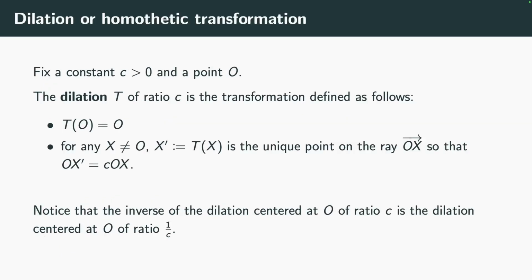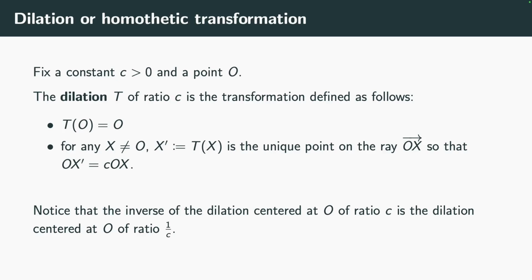So let's talk about a very important special similarity transformation. This is something we're going to call a dilation, or in some other places in the literature a homothetic transformation. But we're going to call it a dilation.